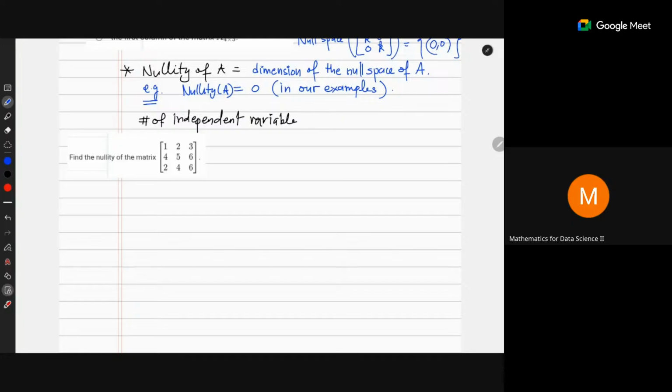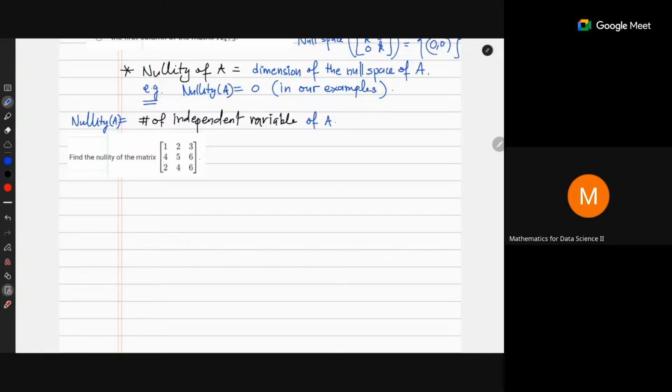So nullity of A is equal to the number of independent variables of A. How do we find the independent variables?